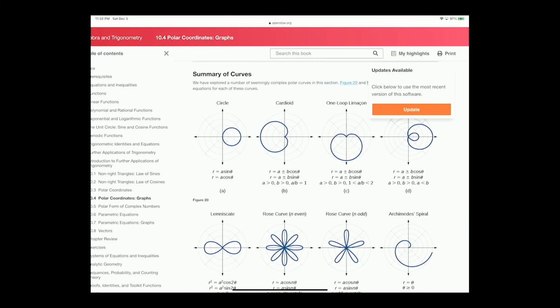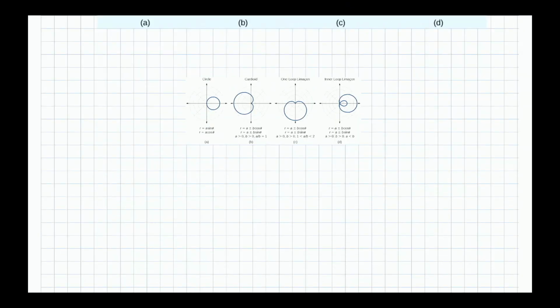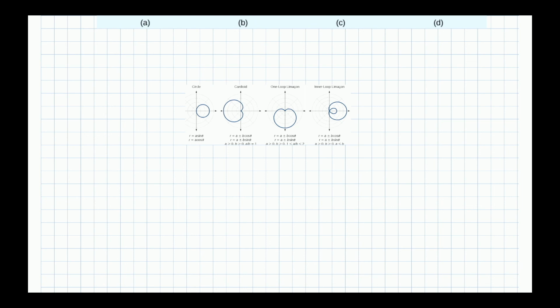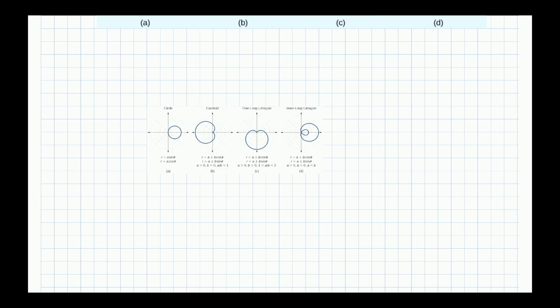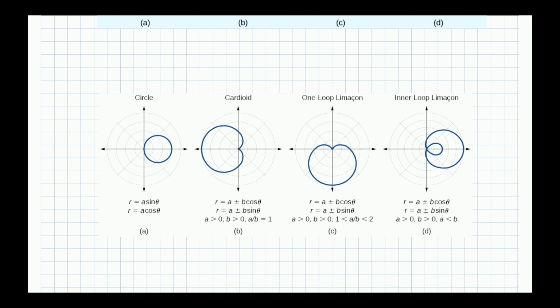And I'm going to copy these and just paste them into my notes. These are going to be some polar graphs.